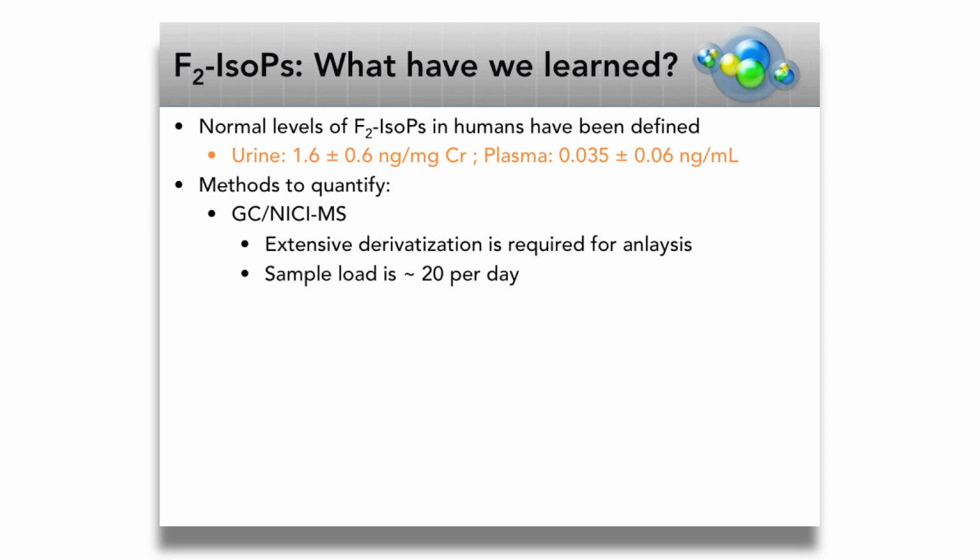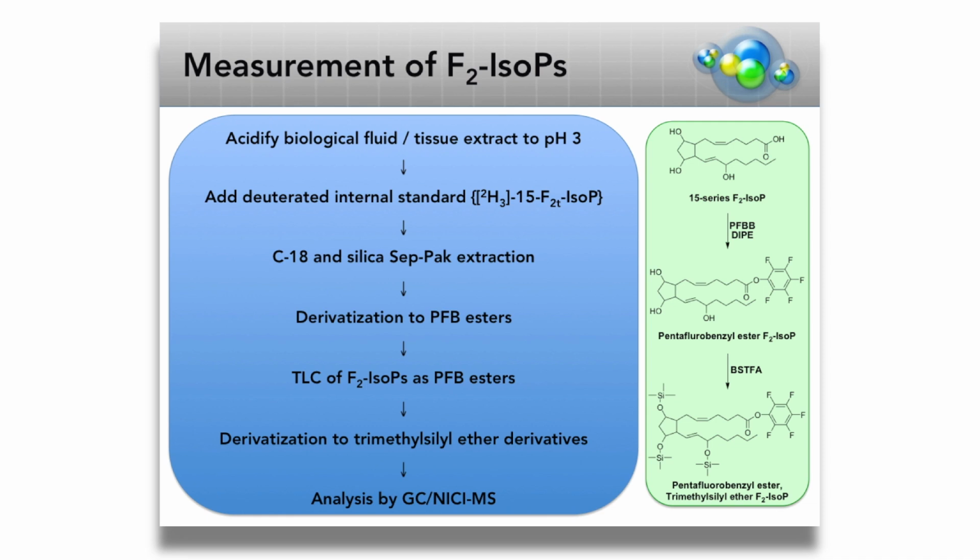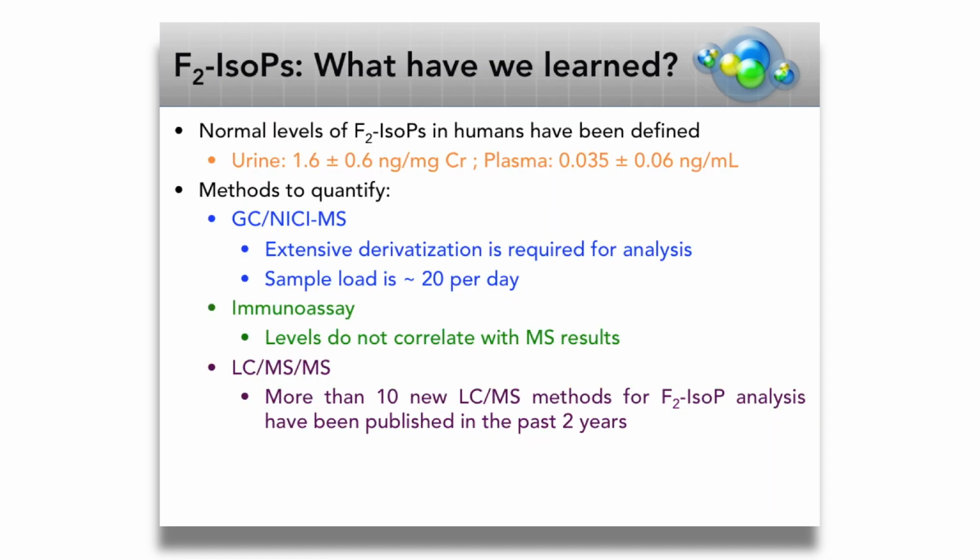However, the drawback to GCMS analysis is that extensive derivatization is required, and the sample load for one person is only about 20 samples per day, so this is not a high-throughput analysis. This slide shows the steps that are required and the derivatizations that are necessary to be able to quantify these molecules accurately using GCMS.